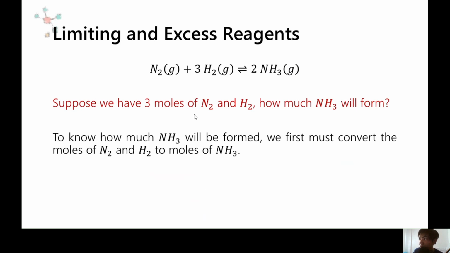So, meron tayong 3 moles ng N2 and 3 moles ng H2, sabi sa problem. So, if you have 2 givens, may dalawa kayong given amounts ng reagents, or reactants, ibig sabihin nun, your question is about limiting and excess reagent. Pero kapag isa lang, yun yung typical stoichiometry problem, no?